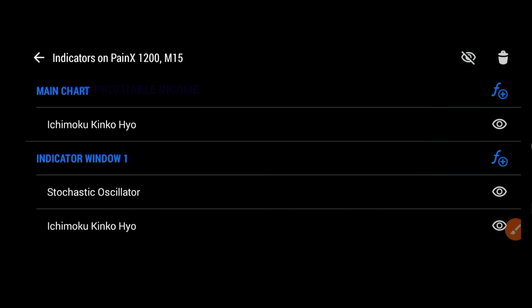And after that, you click on save. So this is how to set up your indicator for this strategy, and you are going to make massive profit trading Pain X 1200 and Gain X 1200 on WelTrade, or trading Boom and Crash on Deriv indices.